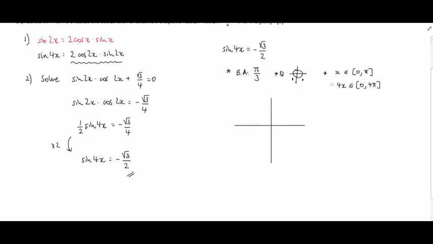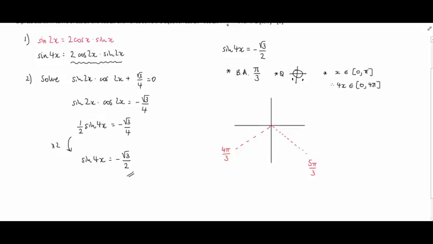We're looking at the related base angles to pi on 3, which are in the bottom quadrants. The first is pi plus pi on 3, in other words 4 pi on 3, and the other is 2 pi take pi on 3, which is 5 pi on 3.